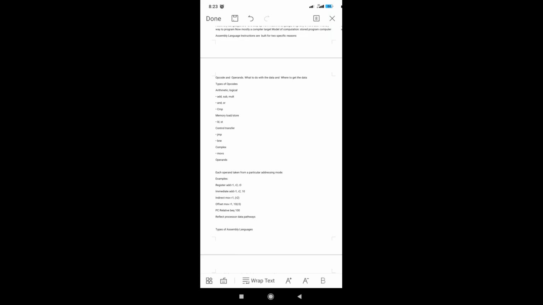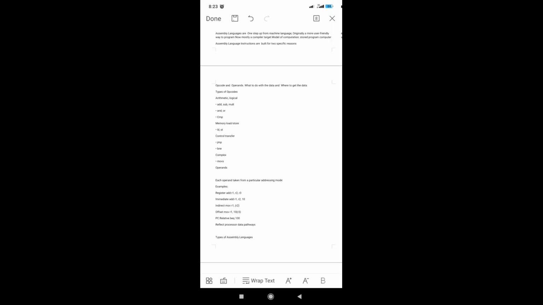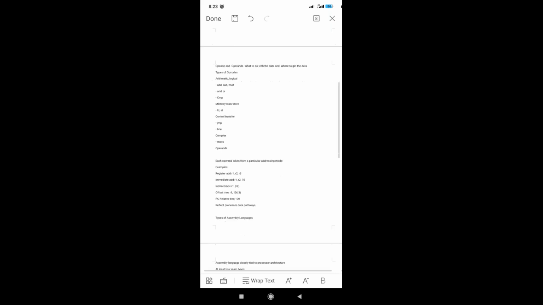We have the arithmetic, the logical, addition, subtraction, multiplication, compare, memory load, store, jump, move. These are all types of OP codes.